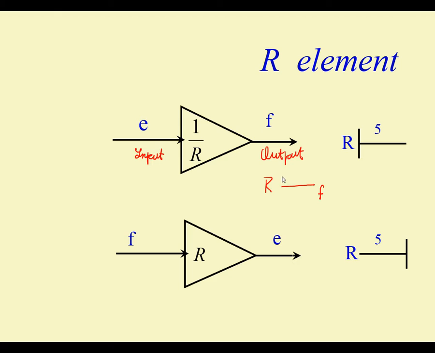This is E. That's how this represents this. And the opposite is true in this case. If you put the R element and you say the output of this is E, then you have this joint, see? This is the effort, which is the output, this is the flow, which is the input.